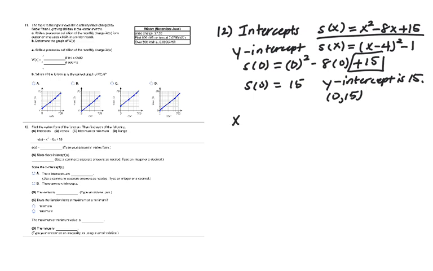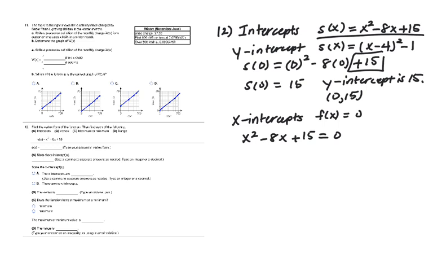For the x-intercepts, we know we'll set the function f of x equal to 0. In this case, s of x, our function, x squared minus 8x plus 15 equals 0. You can solve this by factoring, or you can solve this by using the quadratic formula.